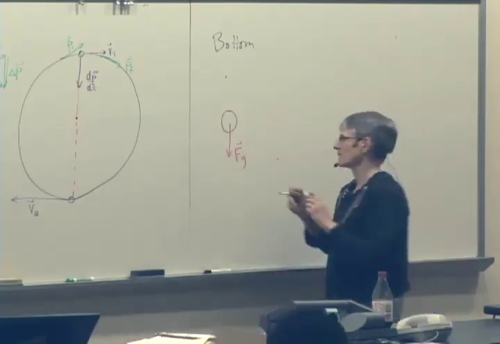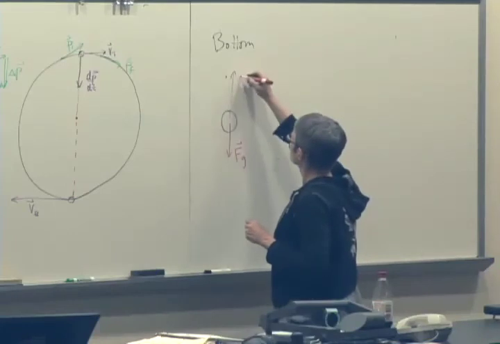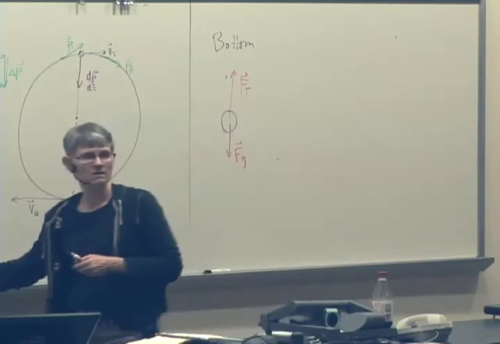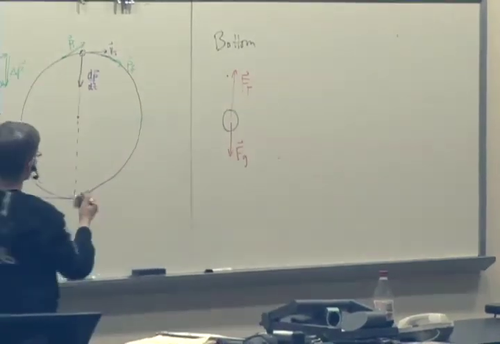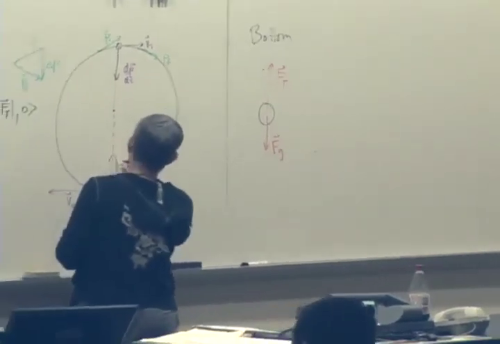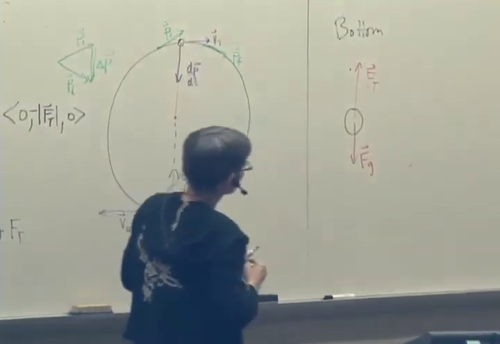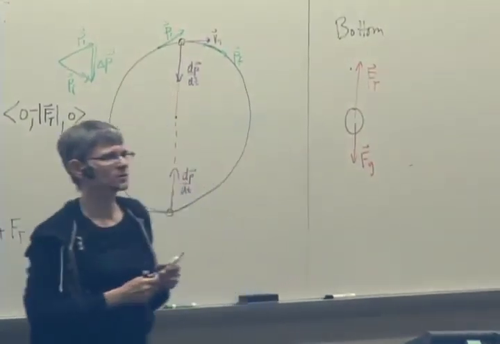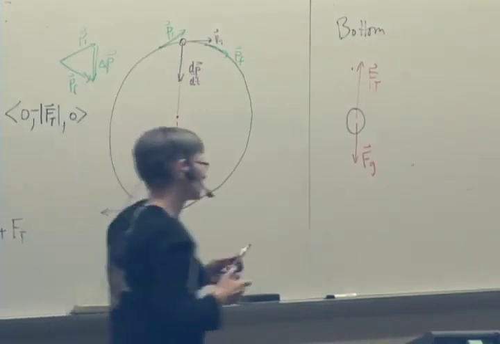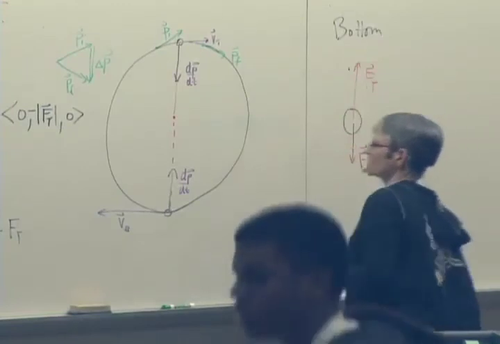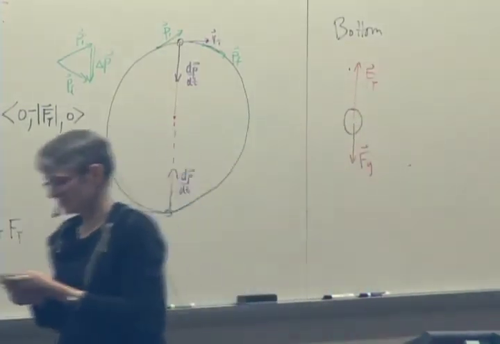Up. And which way is dp dt? Also up. And so which way had the net force better point? Net force had better be up, which means that this tension force has to be greater than the gravitational force, doesn't it?